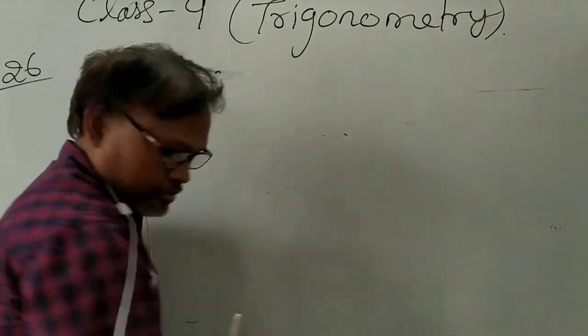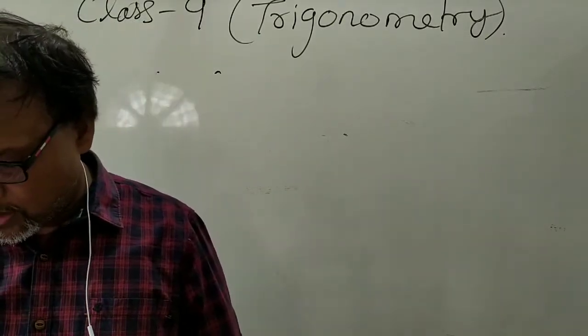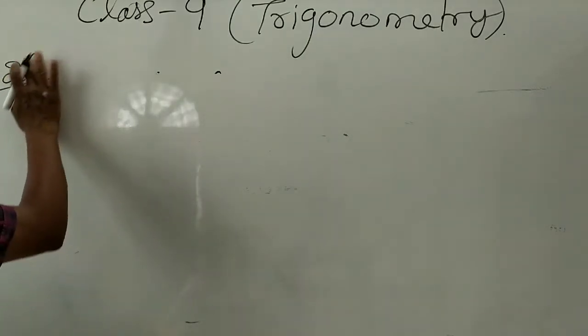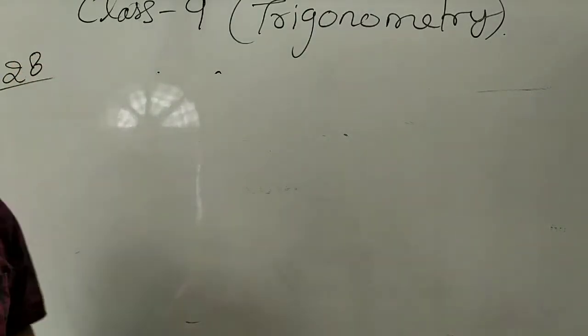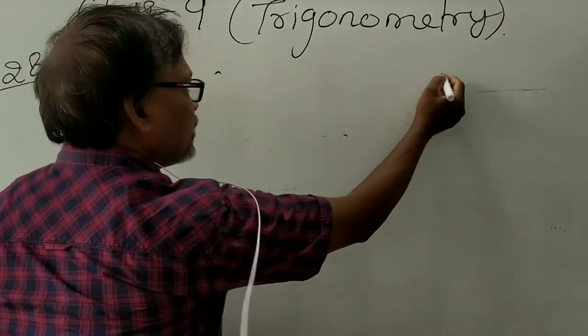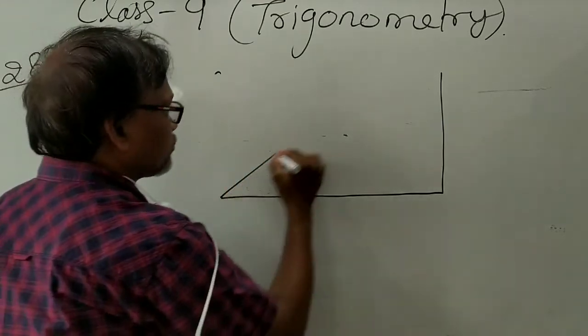Now some more questions here, like the first part of question number 28. Here one figure is given: ABC is right angled at B. I am drawing this figure. You must draw it in the question.